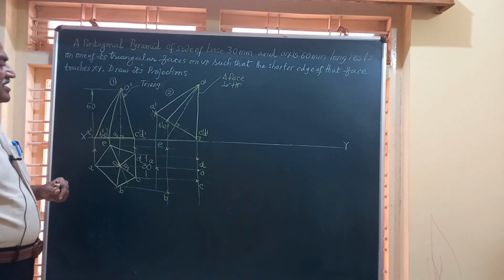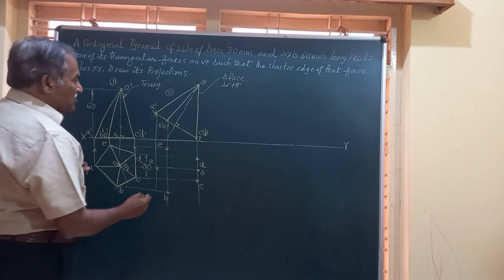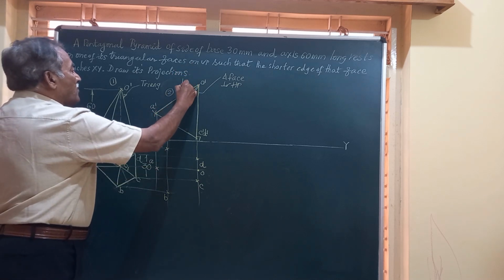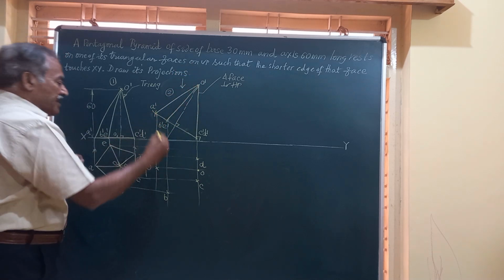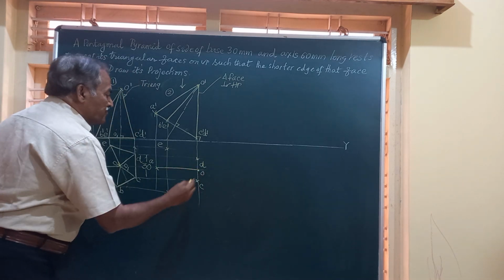Now friends, let us join O to all the corners. So friends, here if you see from the top, you will be able to see OA. So OA I should show by a full line.